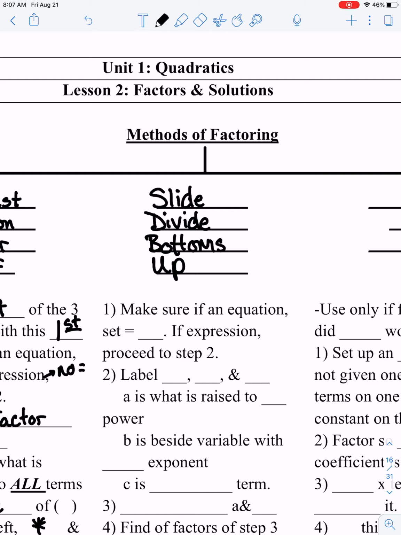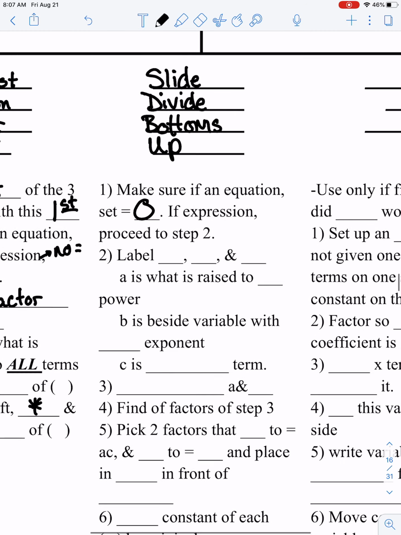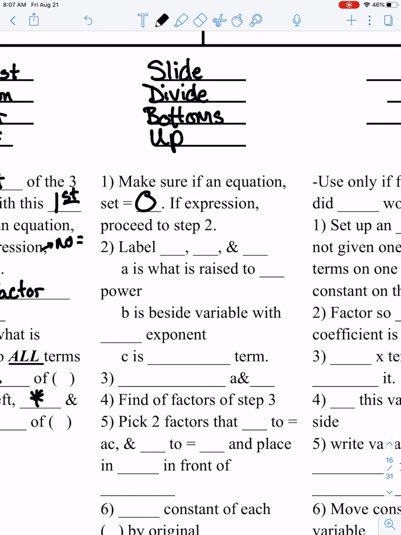Okay, so again, just like with greatest common factor, if you have an equation, make sure it's equal to 0. If not, and it's an expression, there's no equal sign, you can proceed to step 2. Now, you're going to need to label your A, your B, and C. Well, what exactly is A, what is B, and what is C?